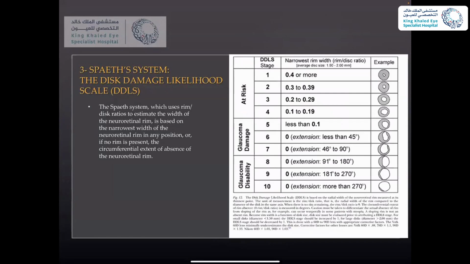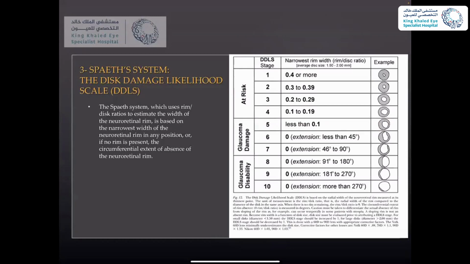The stages divide into 10 stages, from 1 to 10, and what the system cares about is the narrowest rim width in regard to the other rims. So if you have a rim which is less than 0.1, you will stage this patient as a 5 rather than caring about the other aspects of the rim.